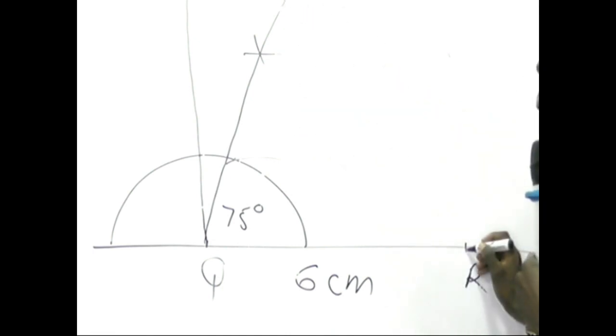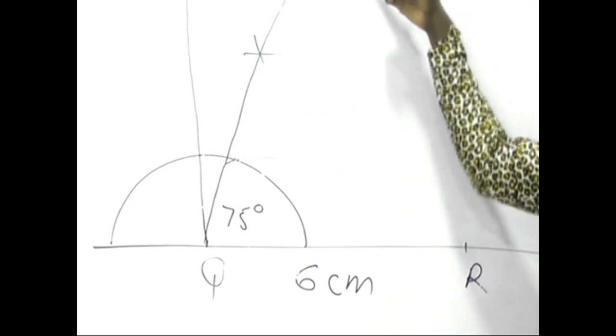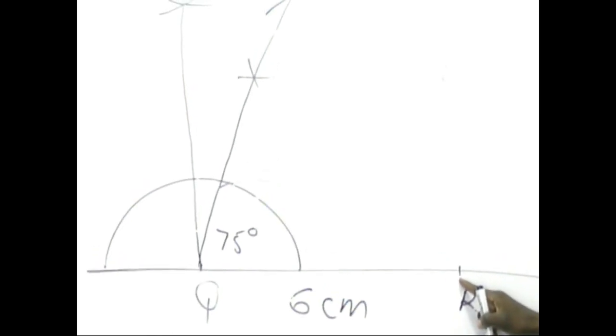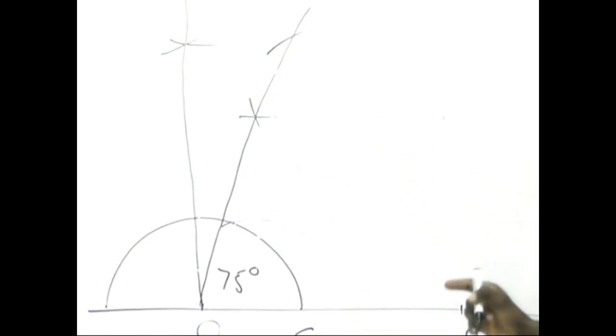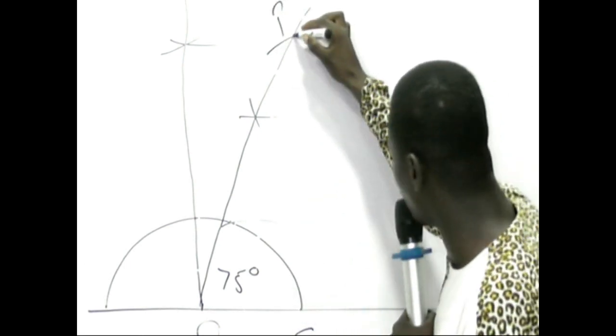So I stand at point R, I'll measure 8 centimeters and I'll cut an arc. After that, I'll join my arc to point R and name that point P. So I have that.